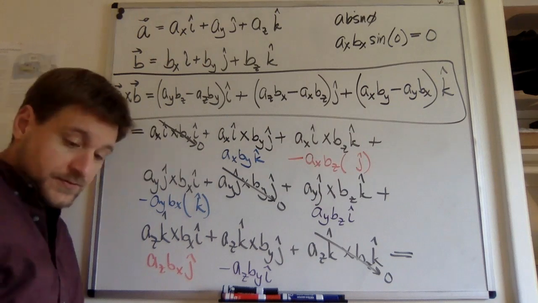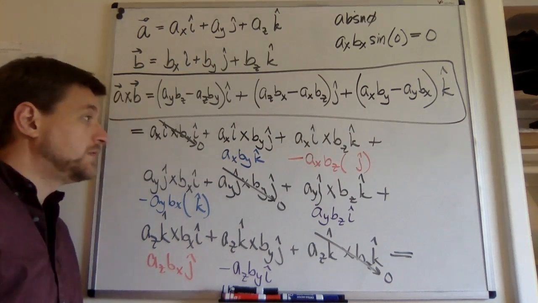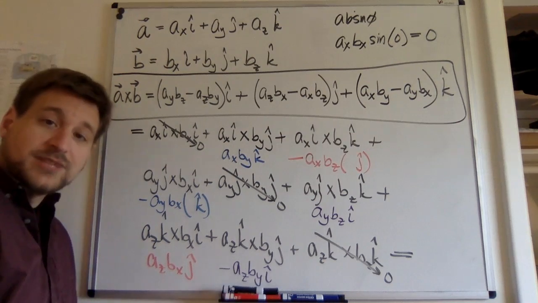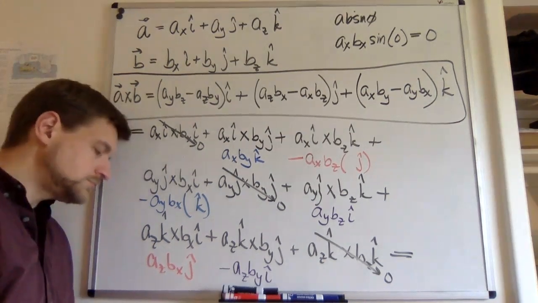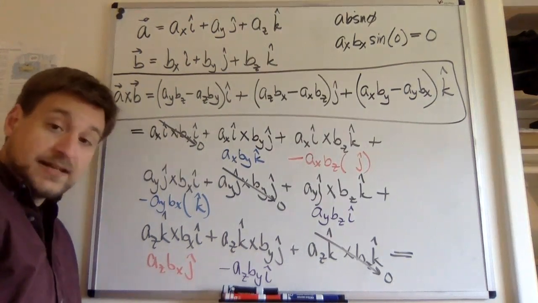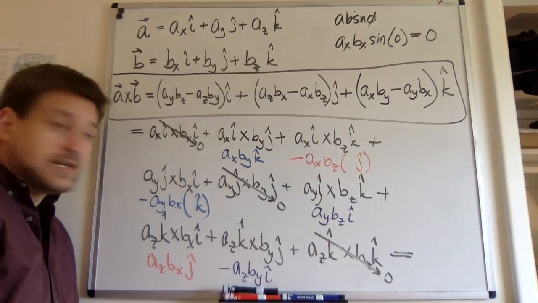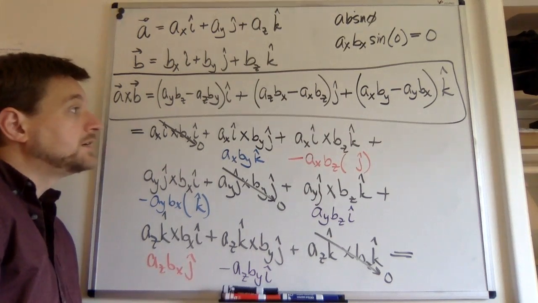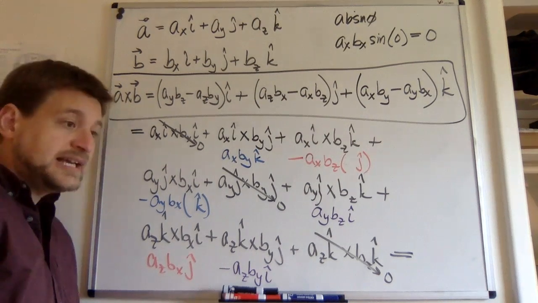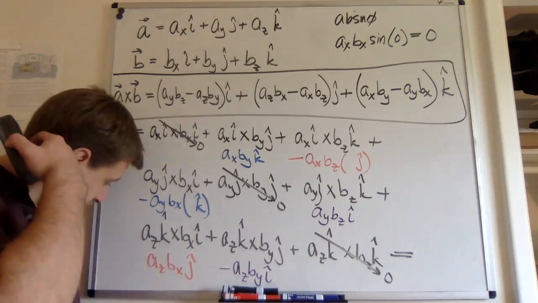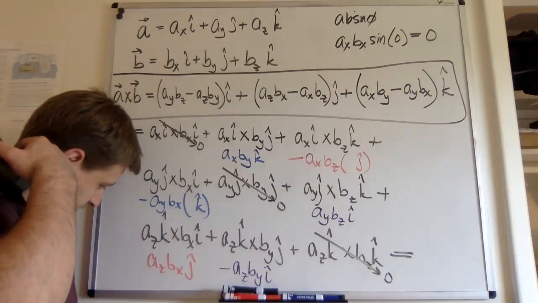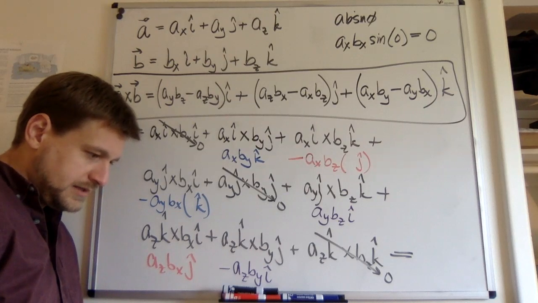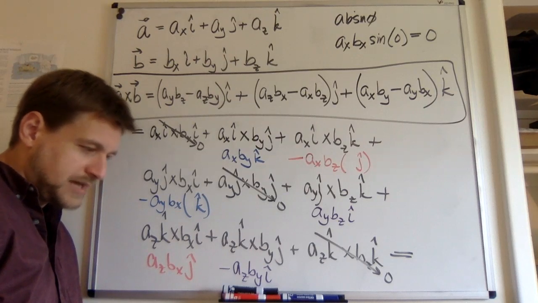If you look up the vector cross product, you might see it written like a matrix determinant. That's fine. It's a perfectly nice way to write it, I suppose, if you like matrices. The only hiccup there is that it's often written with the J component backwards.